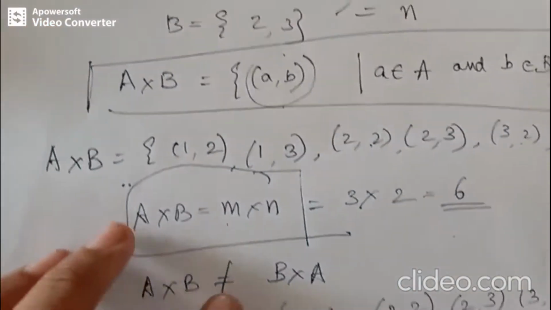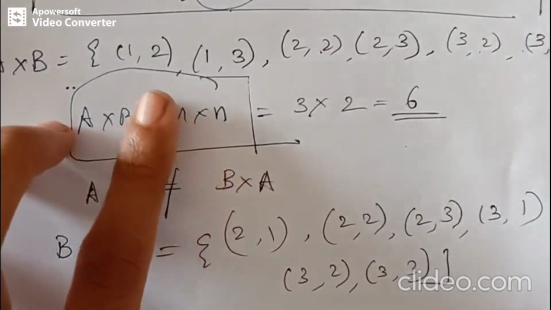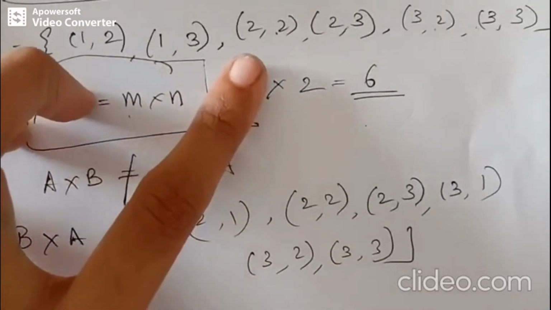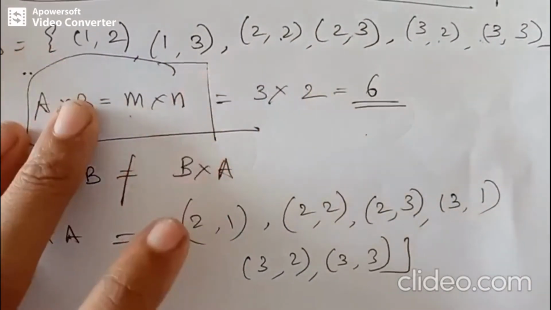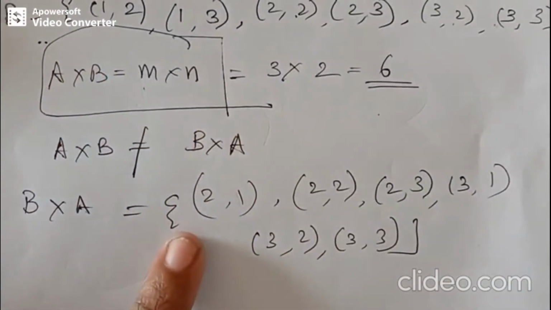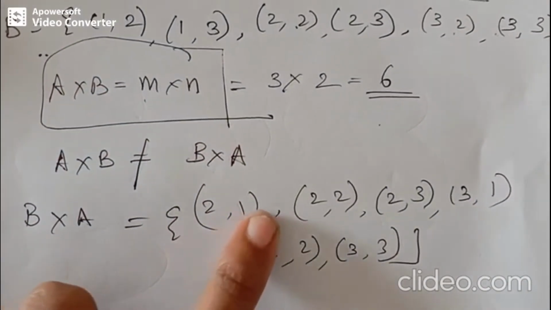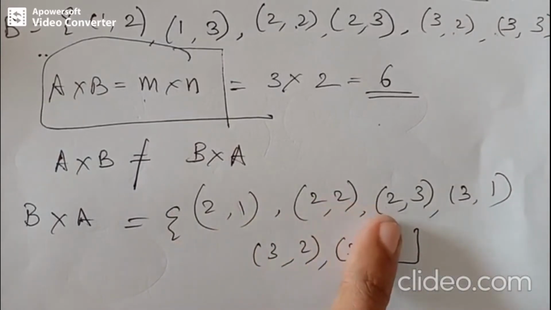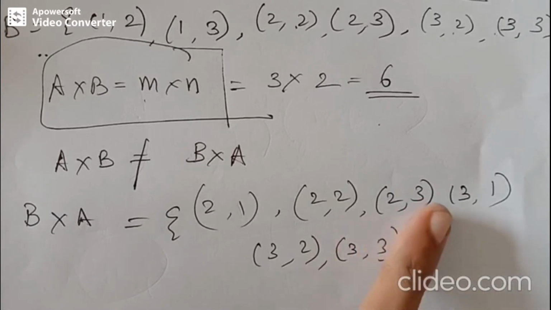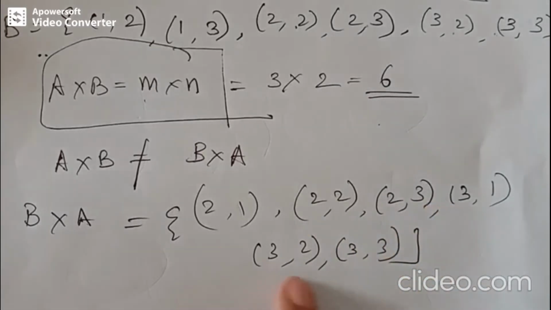Just to verify the pairs, in A cross B we have (1, 2), (1, 3), (2, 2), (2, 3), (3, 2), (3, 3). But in B cross A, what have we got? (2, 1), (2, 2) is common, and (2, 3) is again there because it is common in both, and (3, 1), (3, 2), (3, 3).